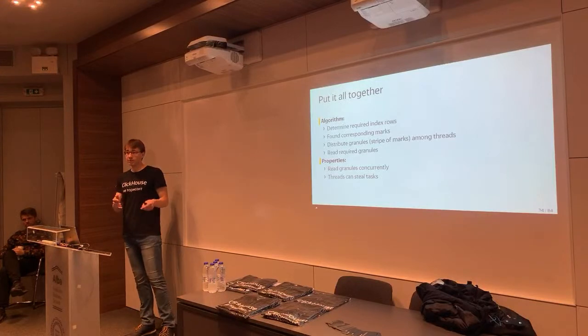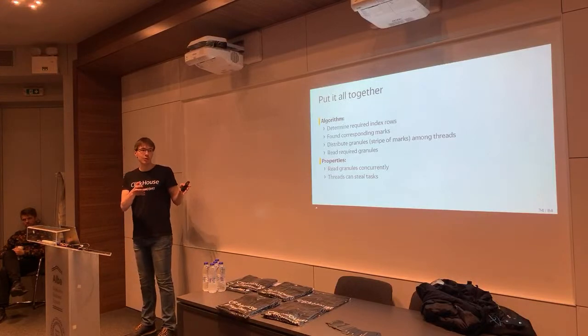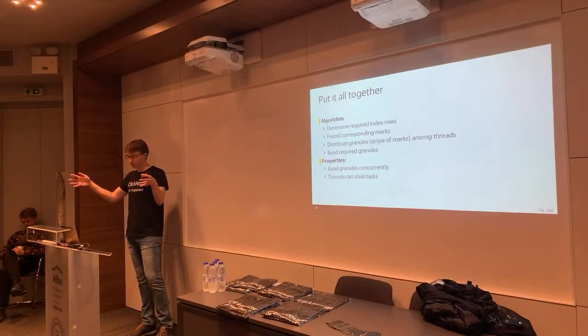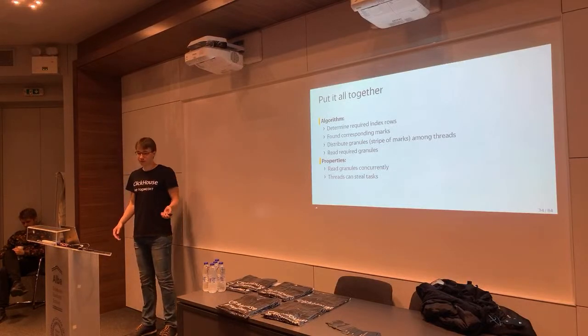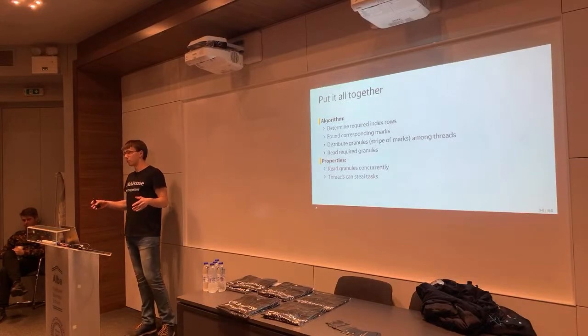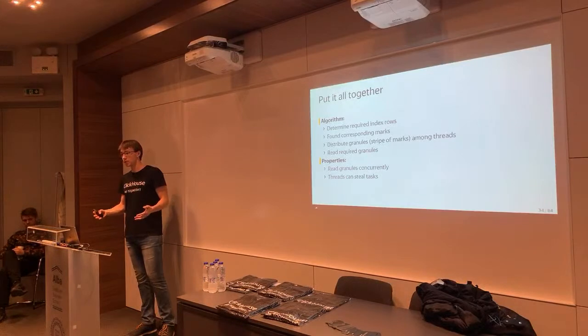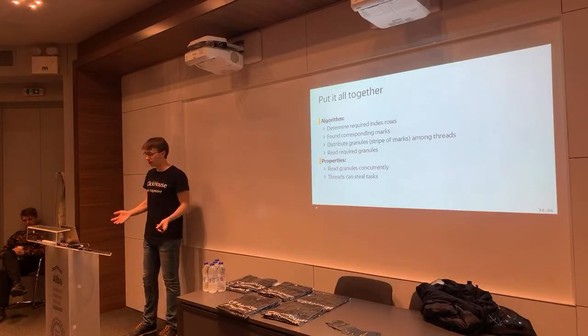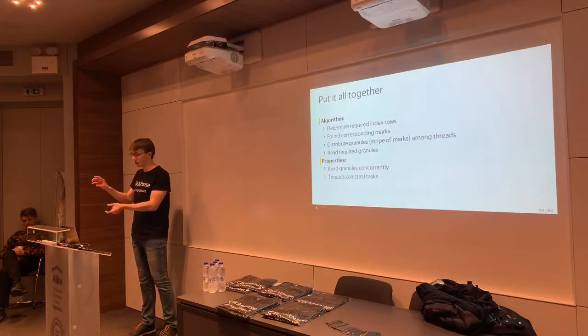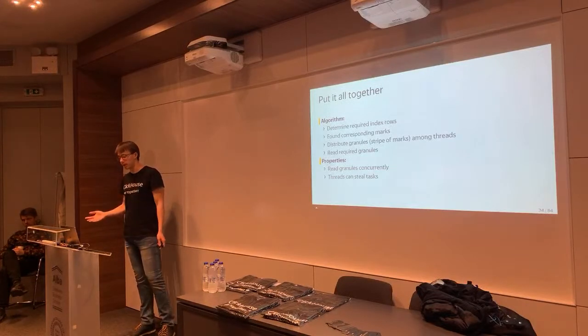After that, when we decide which index rows we need to read, we can find corresponding marks, they match 1 to 1. And after that, we have a quite tricky part, because we want to execute the query in an analytical fashion. We want to utilize all available resources, so we have to distribute portions of our data between all available threads.